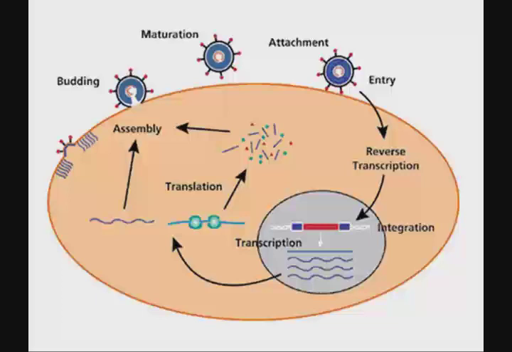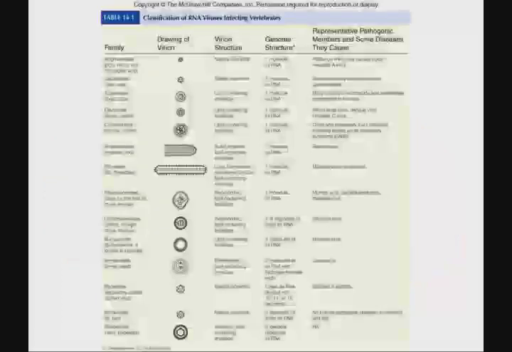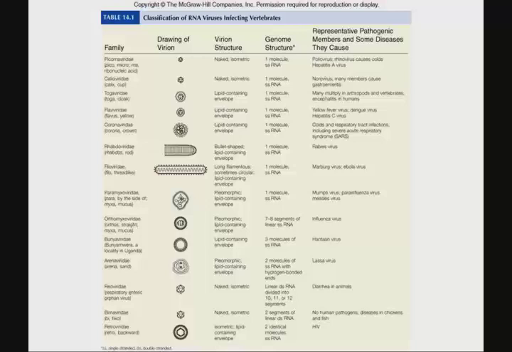But this can be a target because we don't have reverse transcriptase, so drugs can try to shut down the virus. And many of the successful HIV cocktails incorporate a reverse transcriptase inhibitor to try to shut down the virus reproducing.